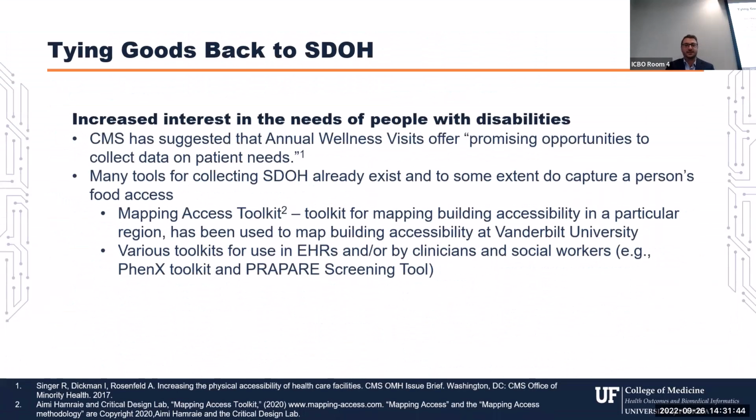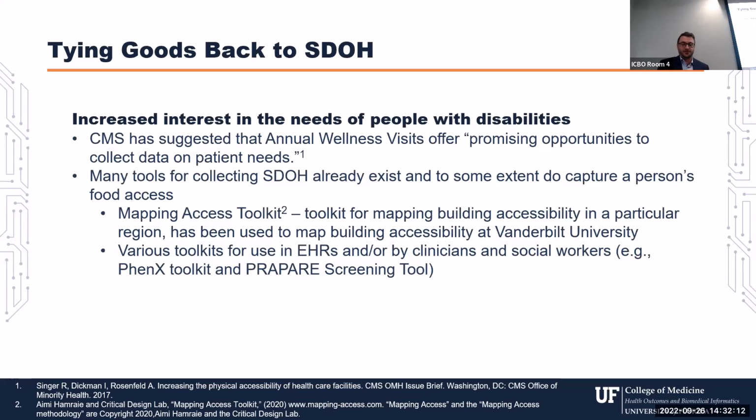So, for example, CMS has suggested that annual wellness visits, which are funded by Medicaid and I believe Medicare, offer promising opportunities to collect data on patient needs. As well, there are tools, as I mentioned earlier, that integrate with the EHR or medical records that can be used by clinicians and social workers to collect information on social determinants of health.